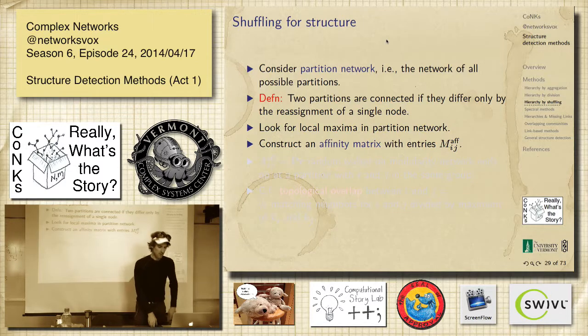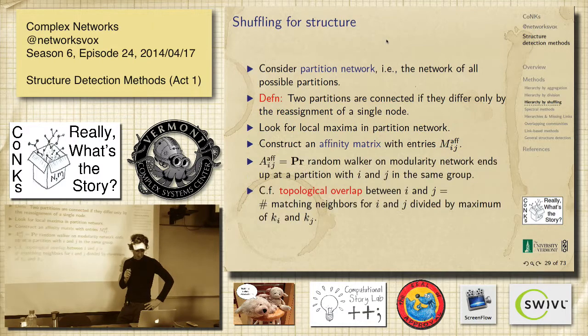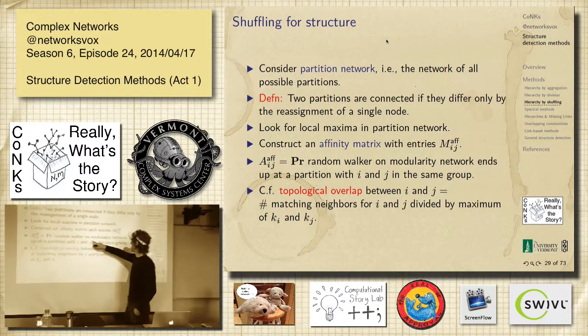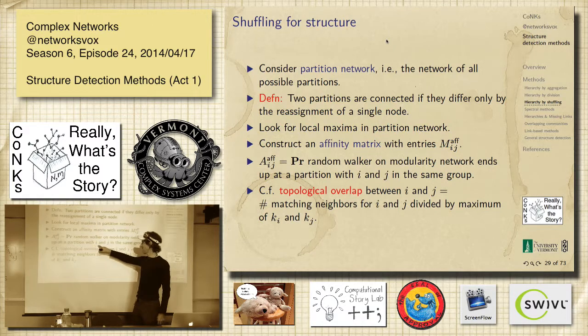So, okay. So we have an affinity matrix, IJ, we'll call it AF for affinity. Random walkers again. So now it's going to be probably the random walker on a modularity network. So we've got this modularity network, the network of all partitions, and it ends up at a partition with I and J in the same group.